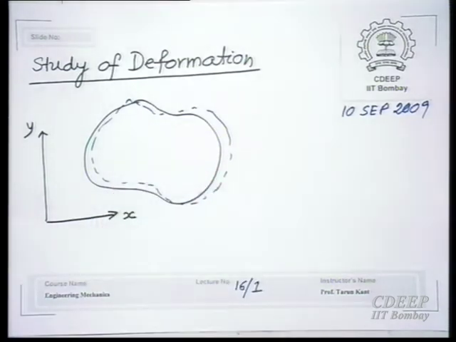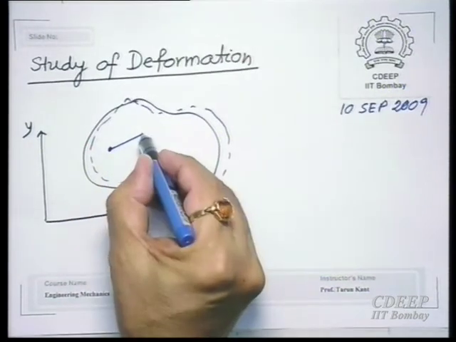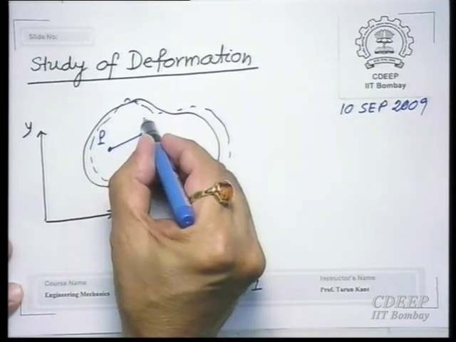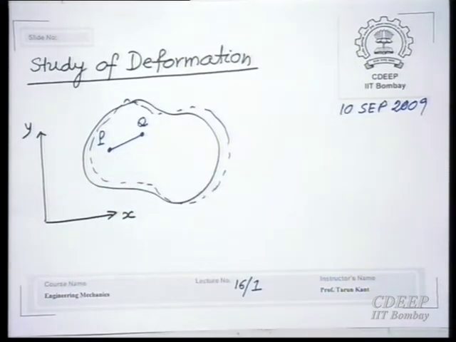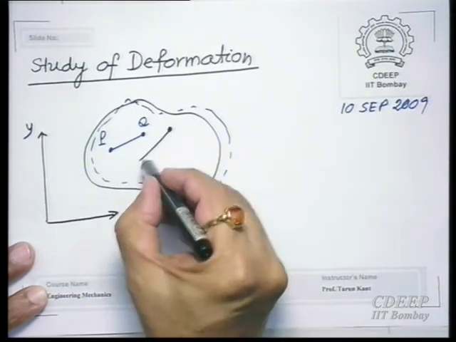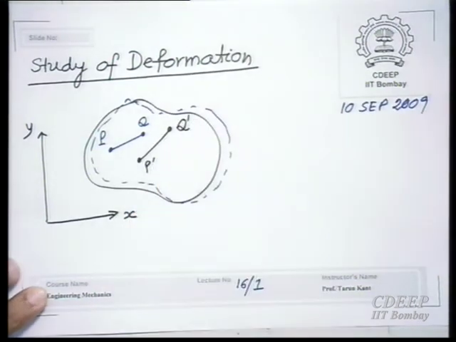So, let us say originally there is a point P and Q. This is the original before the loads are applied, and after the loads are applied, this point moves to P dash and Q dash.